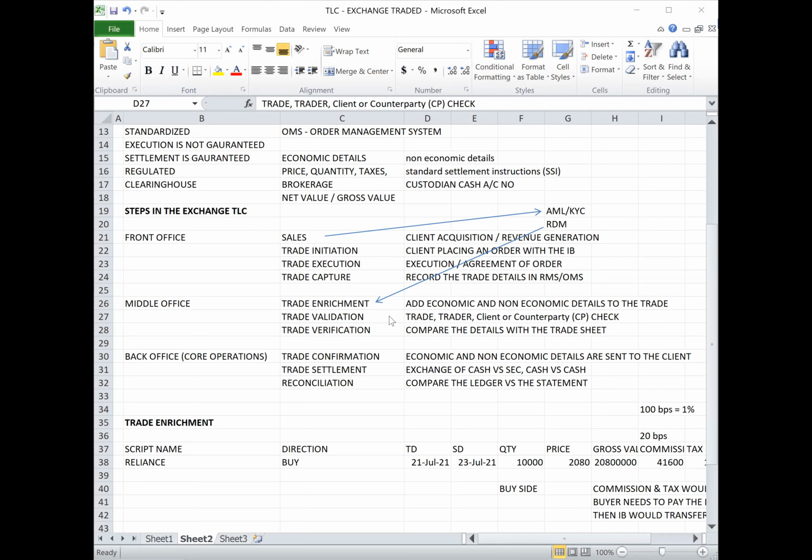These are the kind of counterparty checks you do. Is the counterparty breaching any limit or executing any trade which is beyond their limits? Are we clear?